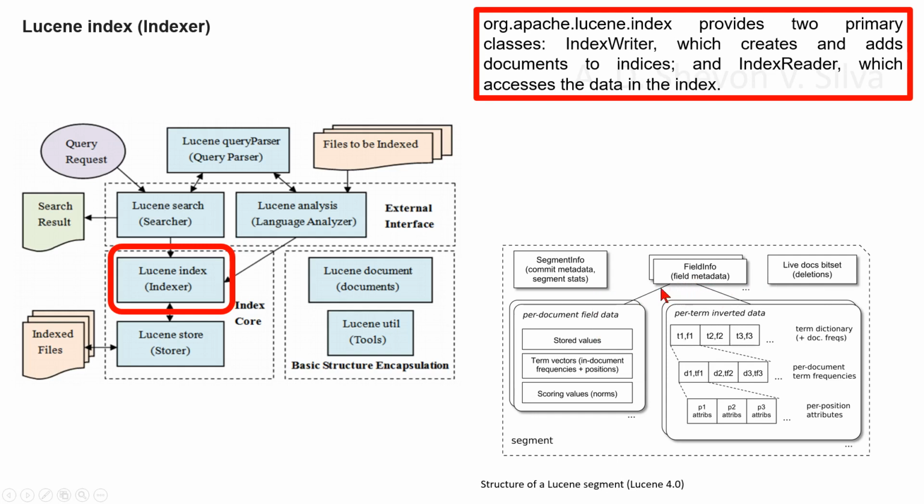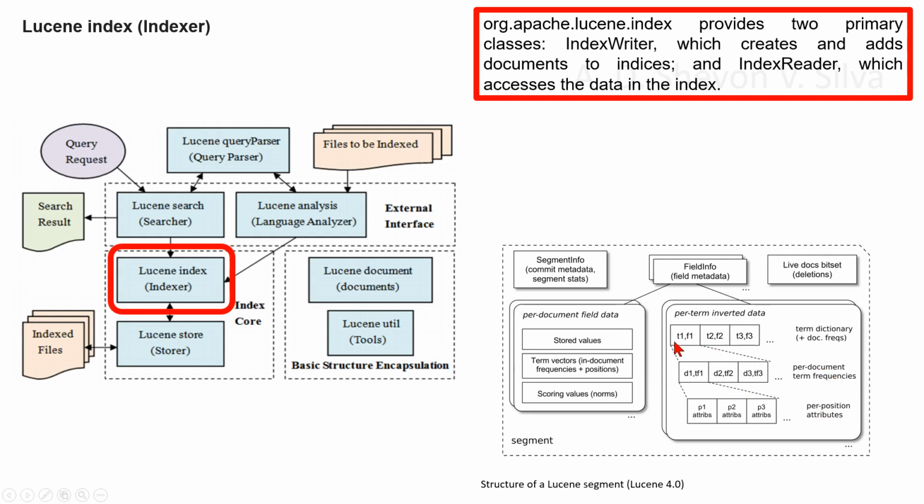Field info interacts with per document field data and per term inverted data. Stored values, term vectors, in-document frequencies plus positions. Scoring values, norms, are in per document field data. Term dictionary plus doc frequencies, per document term frequencies and per position attributes are in per term inverted data.